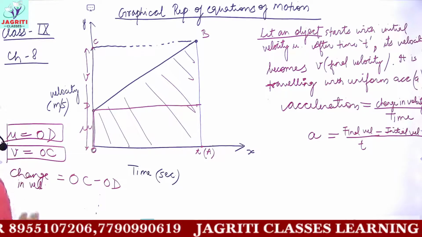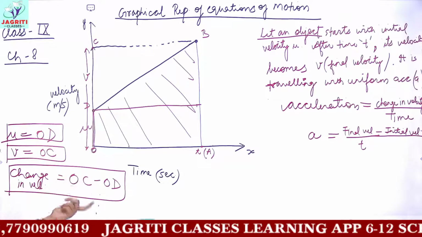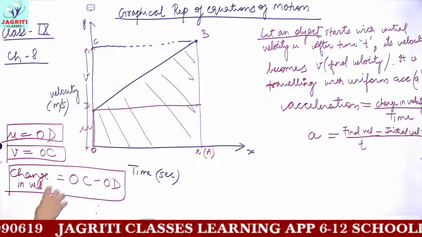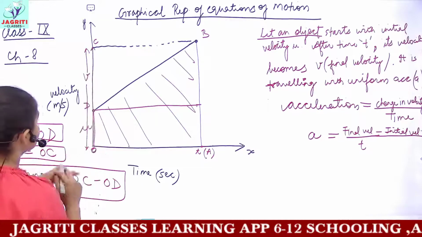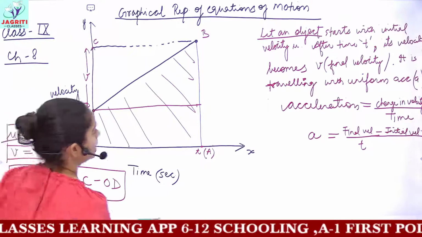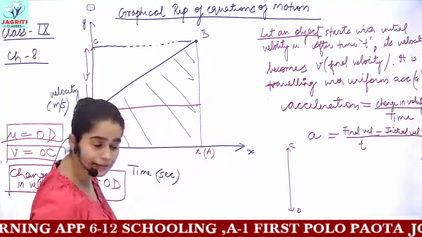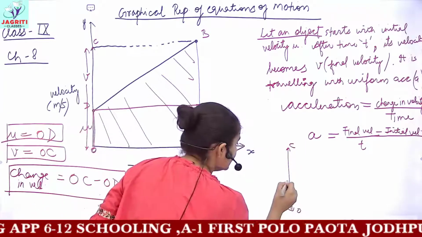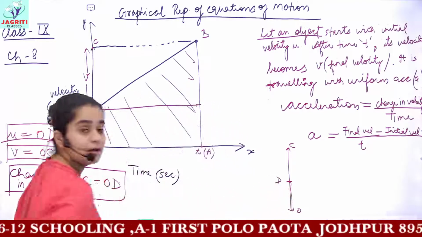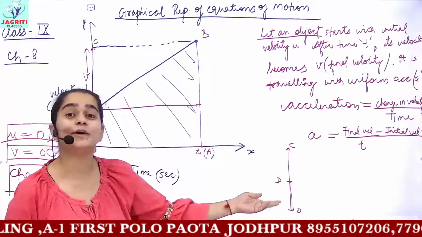And if you subtract OC and OD, what do you get? You are subtracting OC, this is the complete length from O to C, and you are subtracting OD here. Let's suppose, to make you understand, this is your length OC and till here you have OD.